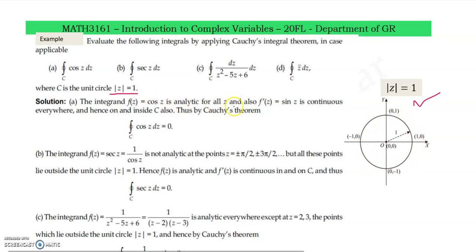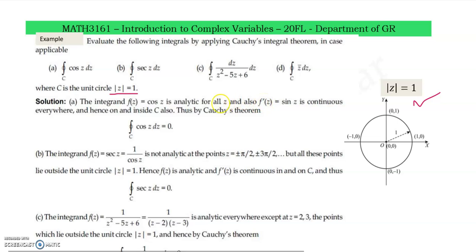Yes, this is analytic for all z. Also check the derivative: f dash of z equal to sine z is continuous everywhere, and hence on and inside C also.